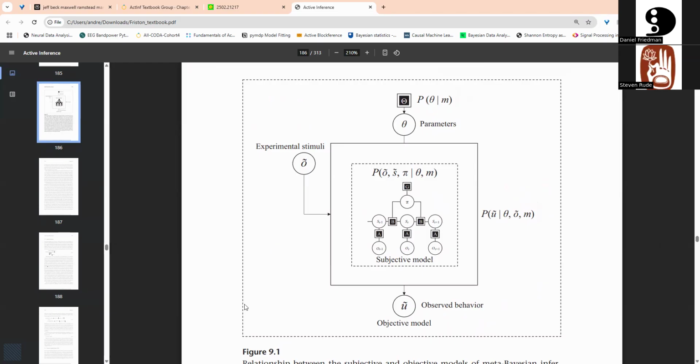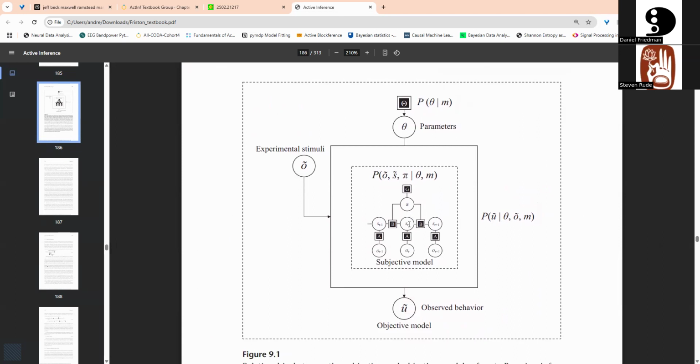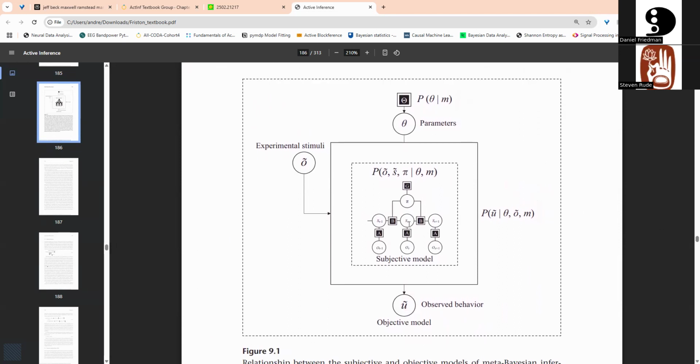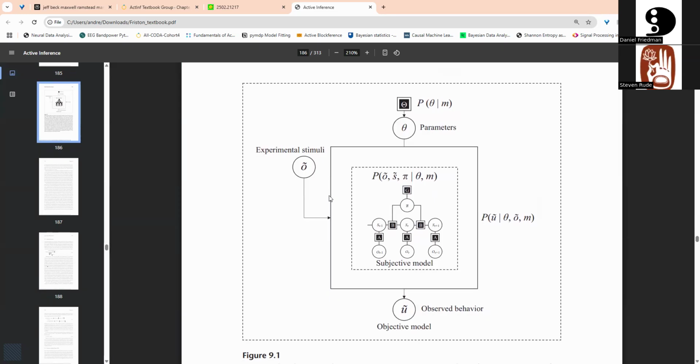We, the experimenters, have our own idea of what the model is and what it should be. So it's rather meta, but I've appreciated this sort of self-awareness that active inference practices, because at the end of the day, we are making a lot of decisions. Anyone working with neuroimaging data or otherwise is making a lot of decisions whenever they start modeling.